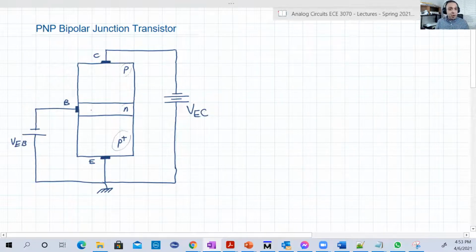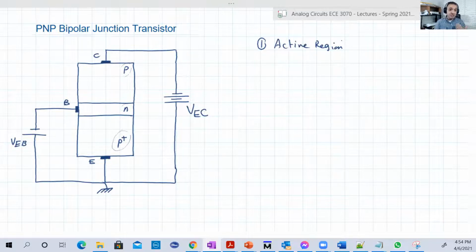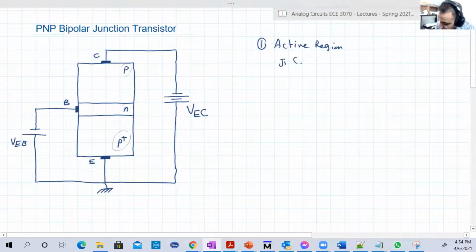So it's basically the same operation. Let's explore the operation, for example, in the active region. In the active region, again, we want J1, the junction between the base and the emitter, to be forward, and we want the junction between the collector and the base to be reverse. So J1 between the base and the emitter should be forward and on, and J2 between the base and the collector should be off.